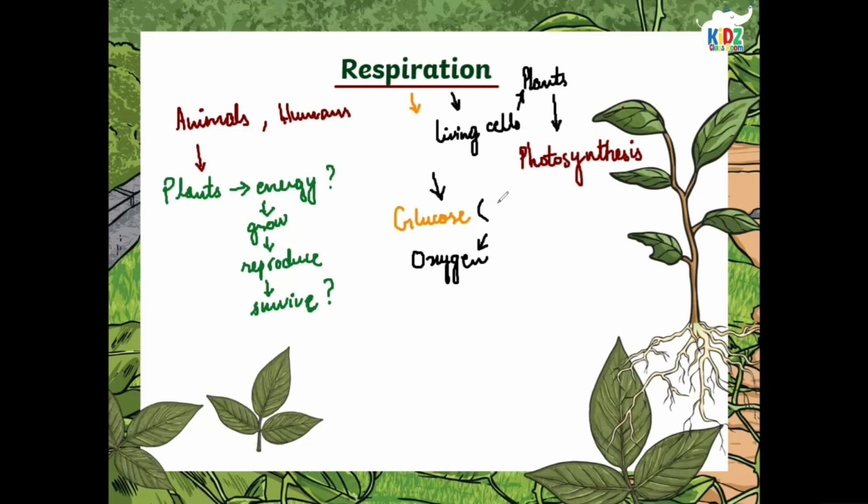What is glucose? Glucose is a type of sugar. So in respiration, plants break down glucose using oxygen into carbon dioxide, water, and energy.